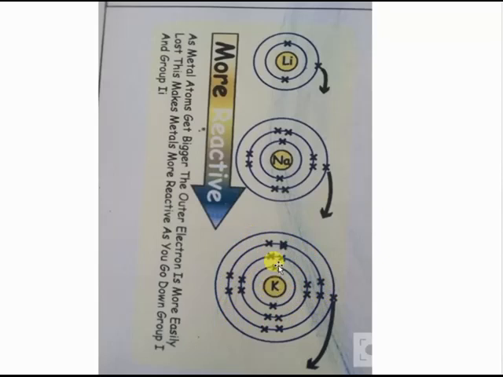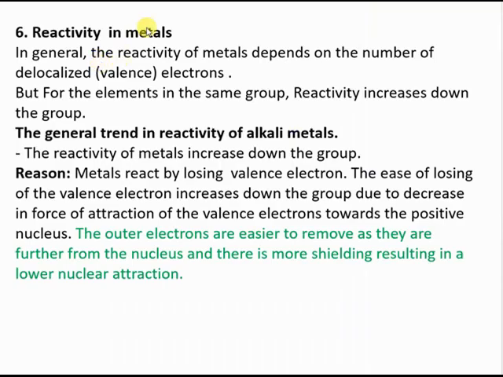See this? This is 1, 2, 3, 4. So of these 4 energy levels, the three which are inside block the outermost energy level from feeling the effect of the nucleus. Therefore, the ionization energy decreases down the group.